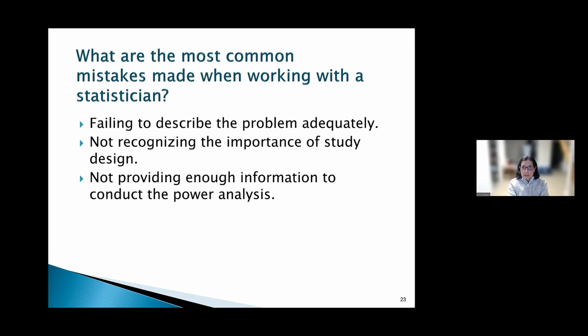So many times when we email the investigator and say, look, I need some sense of what is the variability in your outcome measure in order to do your power analysis, the response is an email with 10 papers attached to it saying, well, this is what was done before, figure it out.